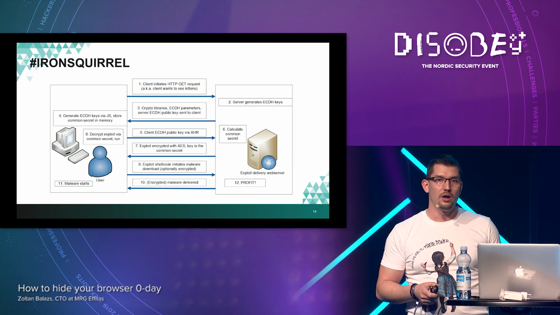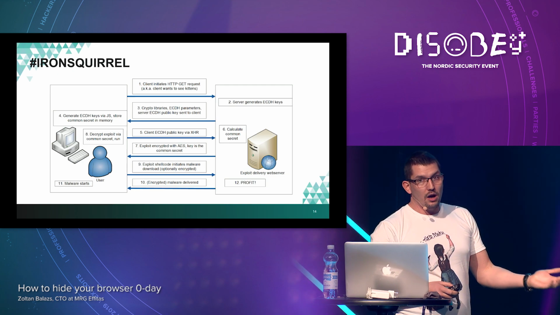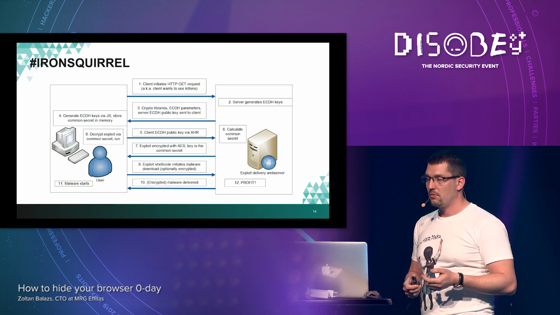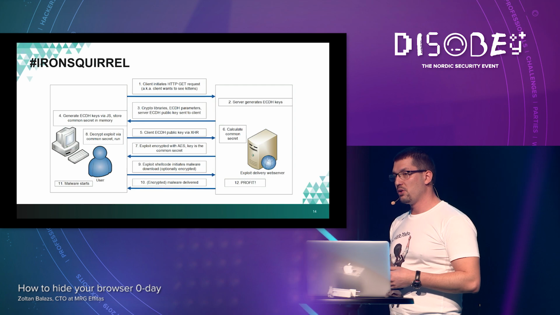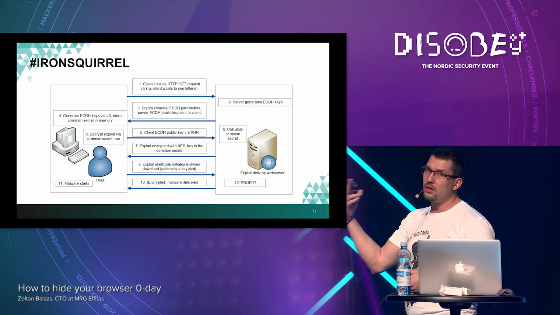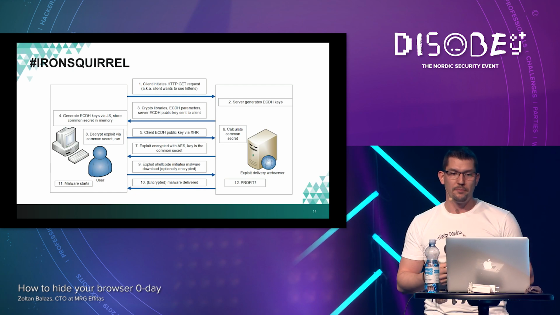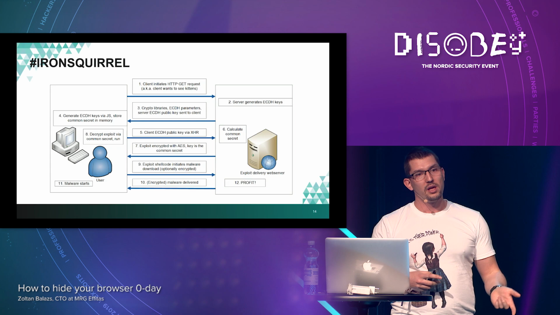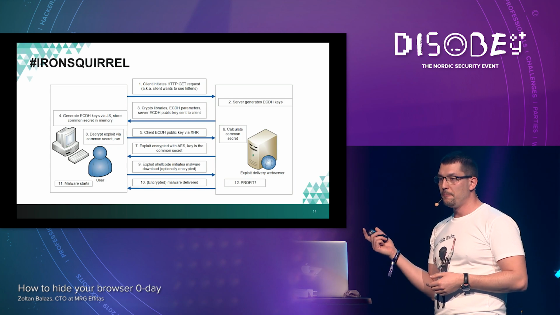Now the browser will execute all this JavaScript code and generate its own secret Diffie-Hellman key. Because it already has the public key from the server, it can generate the common secret in memory. Now the client will send its public key to the server, and the server can calculate the common secret.